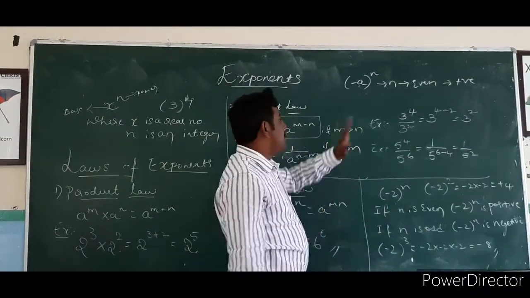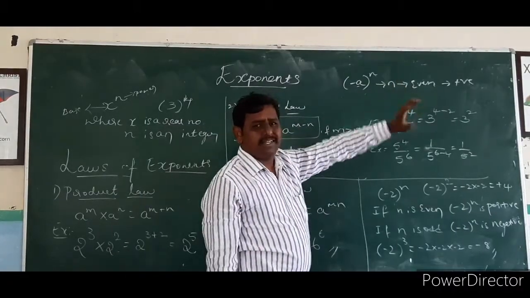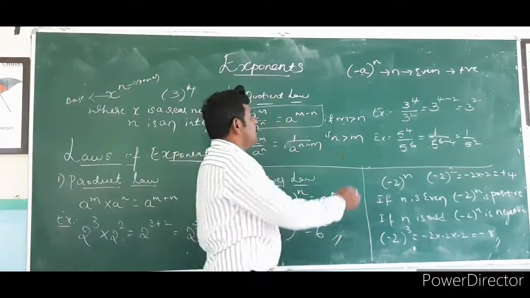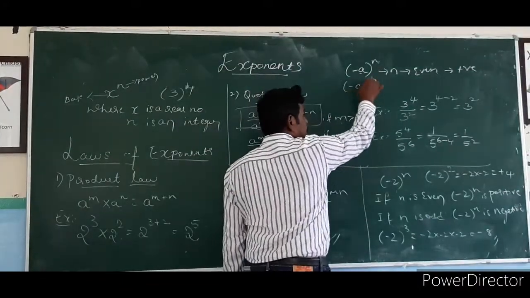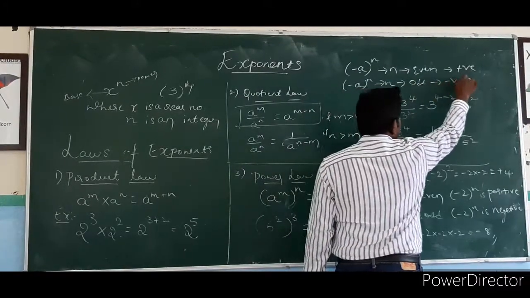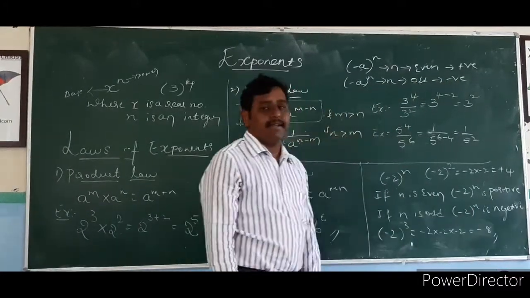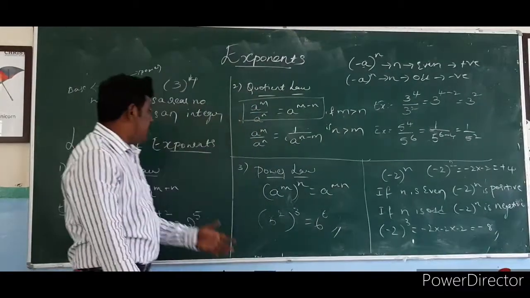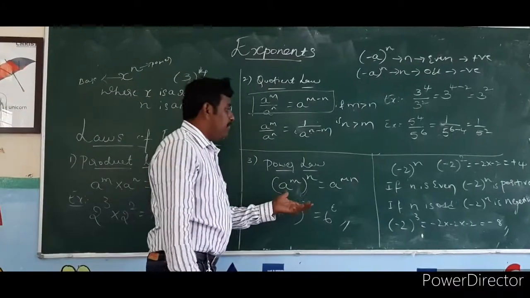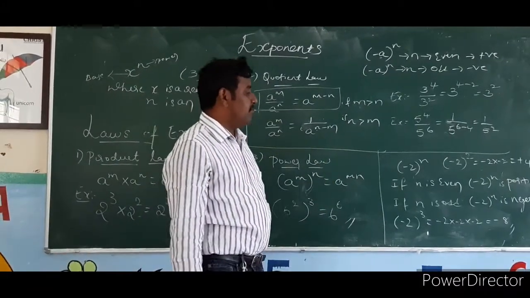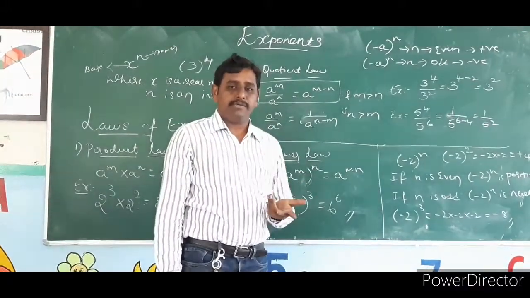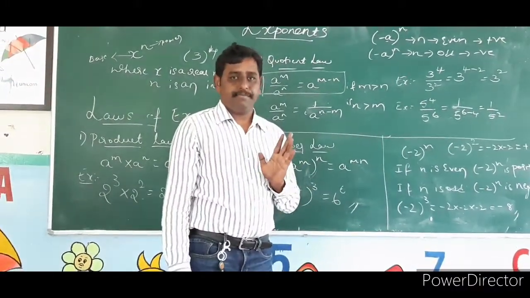If the power is even, the answer will be positive, any even number: 2, 4, 6, 8, 10. If n is odd, you will get a negative answer. So till now we learned the product law, quotient law, and power law, and the power decides whether the answer is positive or negative.